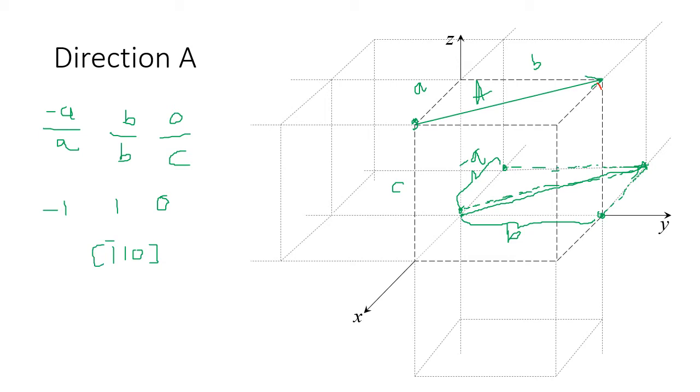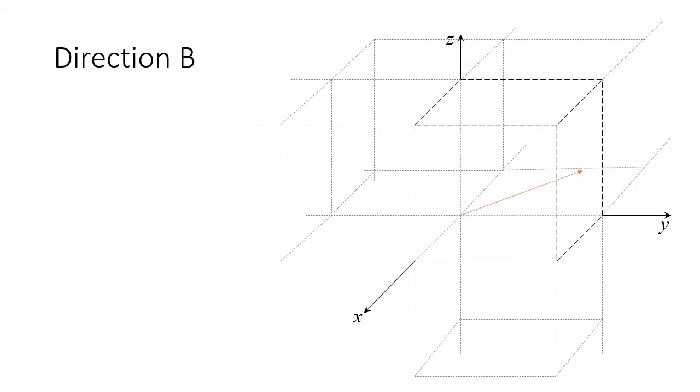1 bar, 1, 0. Then direction B. So direction B is shown here, and it basically originates from the origin, and its tip lies on the right face of that unit cell, and the distance of the tip is half from the bottom edge.